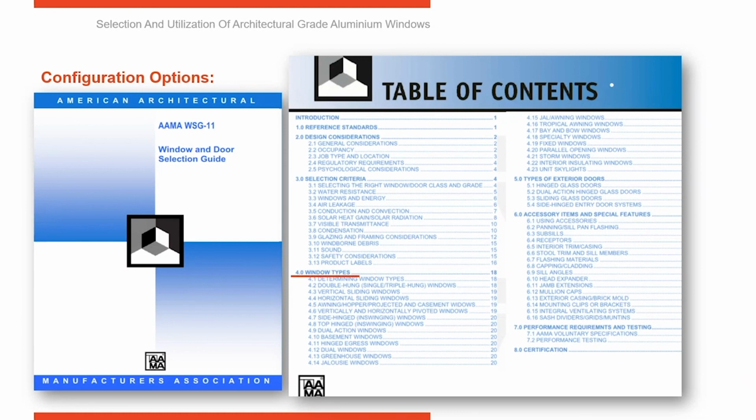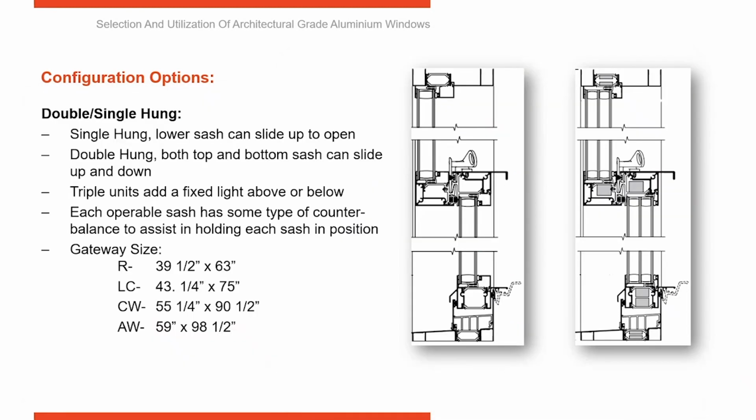So when we talk about window configurations, you can see there are 23 different types listed there. I'm not going to talk about all of those. I want to hit on some of the more common ones and give you a little bit of an overview of what those are. I'd like to start with double hung and single hung windows. This is a window that has a single frame with two sash set within that single frame.